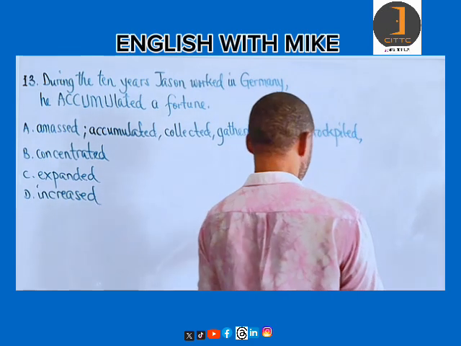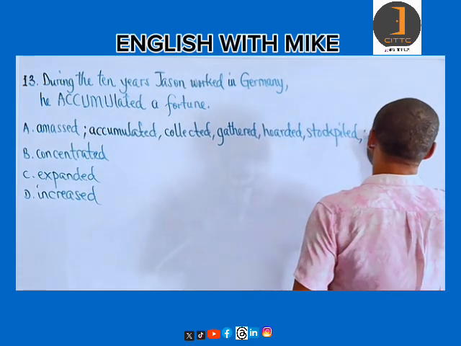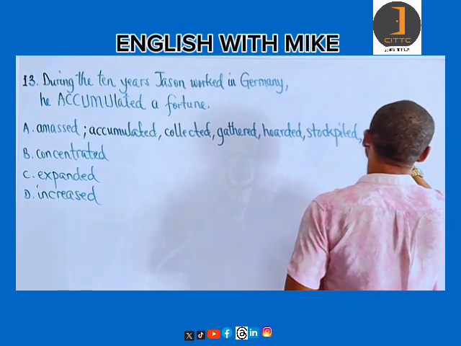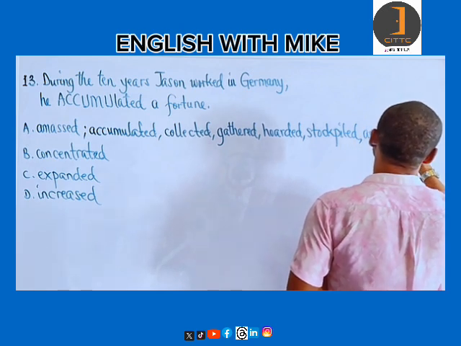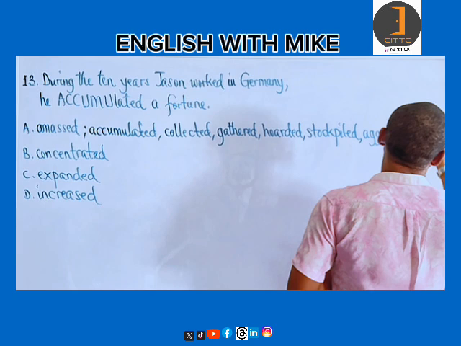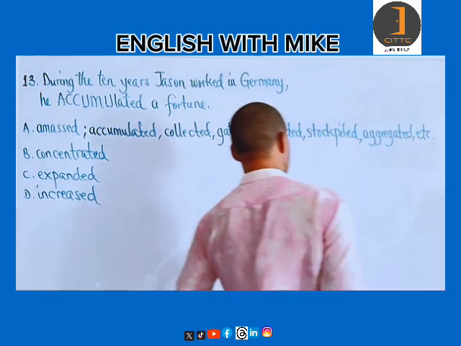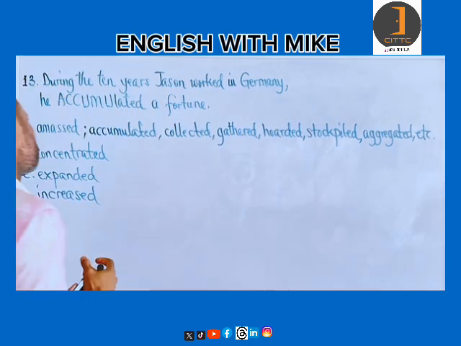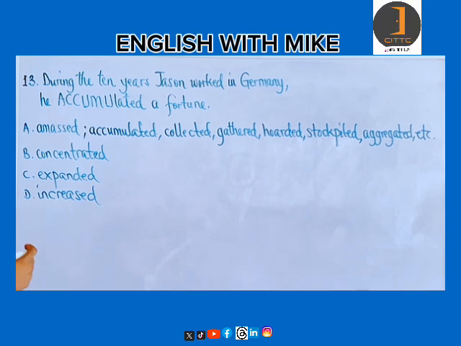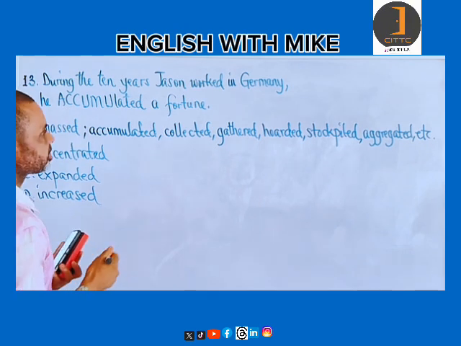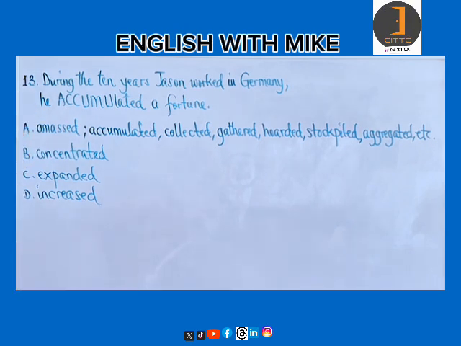You know what stockpile means? That is aggregated, etc., etc. These are synonyms for amassed: accumulated, collected, gathered, hoarded, stockpiled, aggregated, and so on.